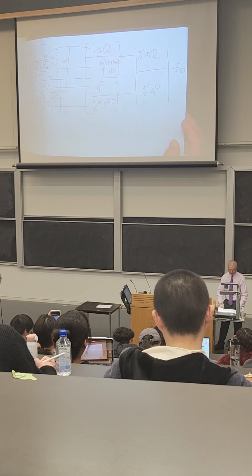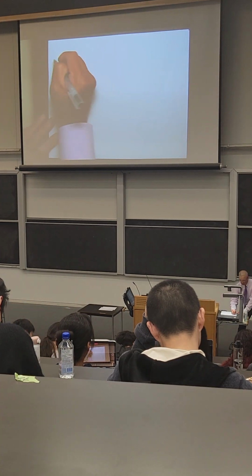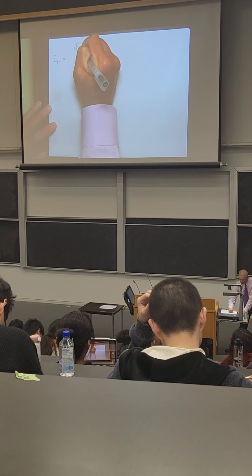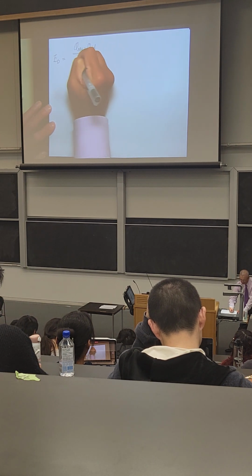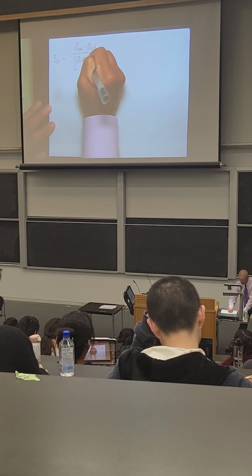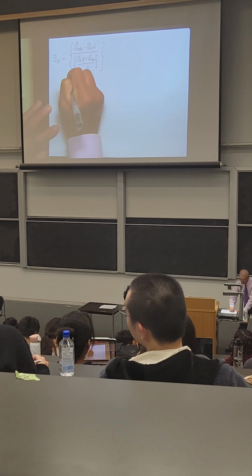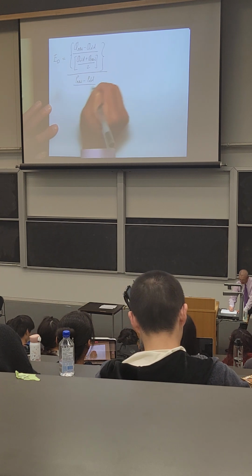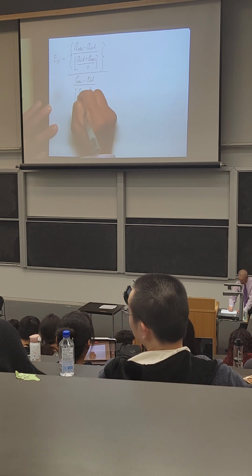And now let's write it down more neatly. The demand elasticity is the new quantity minus the old quantity divided by the old quantity plus the new quantity divided by 2, over the new price minus the old price divided by the old price plus the new price divided by 2.